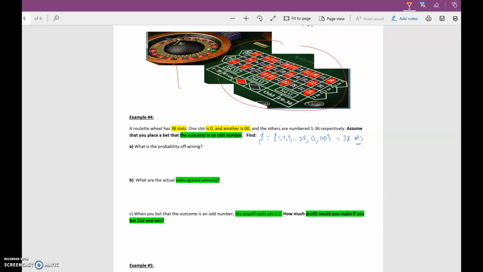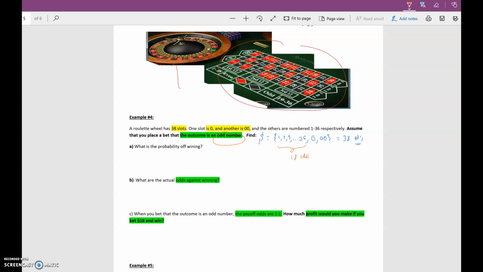For this particular problem, they're saying that they put a bet on an odd number. Half of the numbers 1 to 36 are odd, so 18 will be odd.